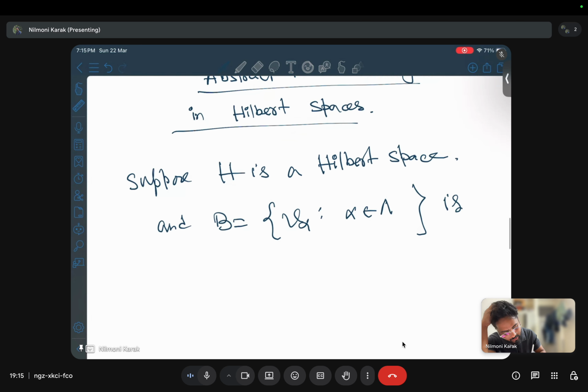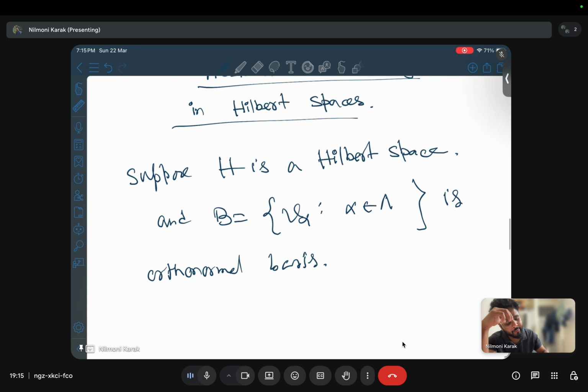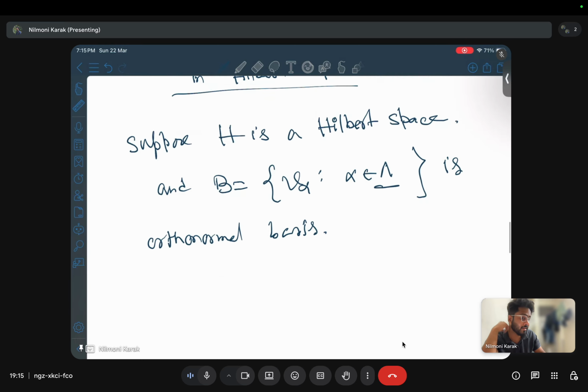Note that this lambda may be uncountable. Here we are not assuming countable only.